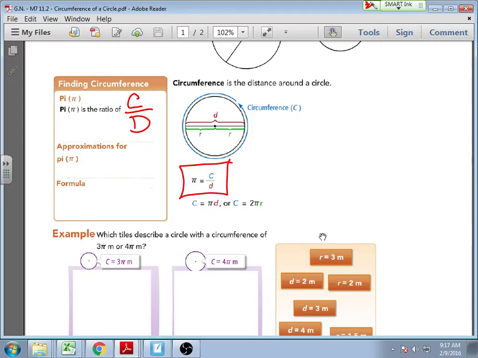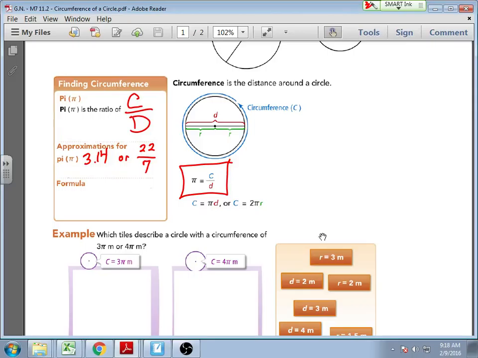Now, you might want to pull out yesterday's notes really quick. I'm sorry, I know you've had your binder out and back down. But I want to make sure that you have the two main approximations that we use. Did you have the 3.14 and did you have 22 over 7? Those are the two main approximations that we use. This 3.14, or if you want it in rational form, like as a ratio, 22 over 7.